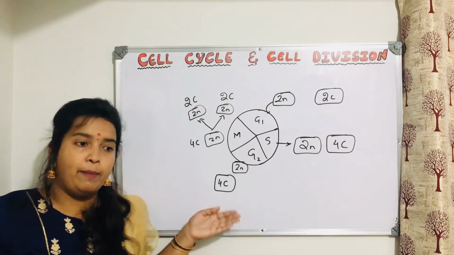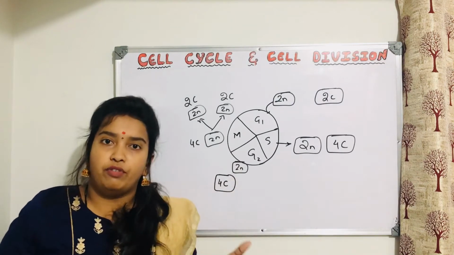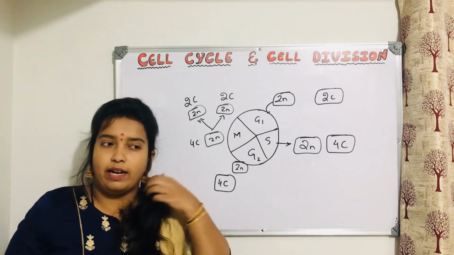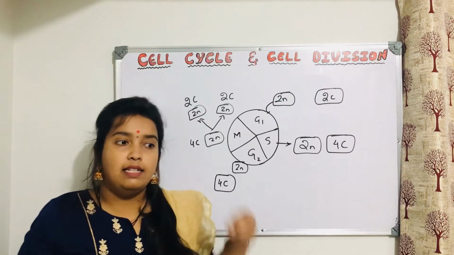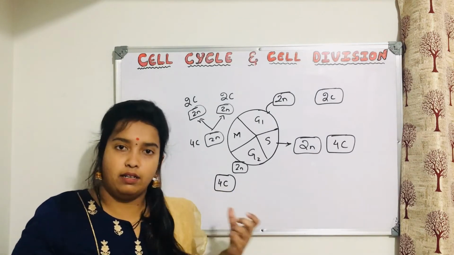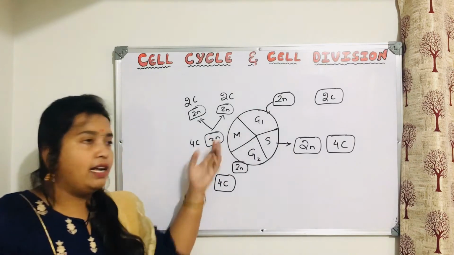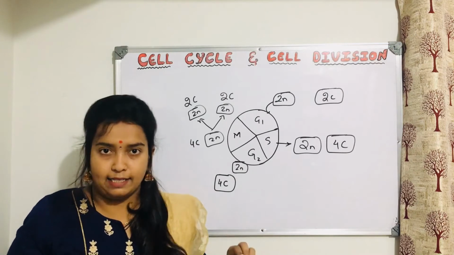So questions will be posed on this. They will give you some number of chromosomes. In NCERT you might have seen one example about onion. Onion cells usually have a diploid chromosome number of 16. They ask, in the cell cycle, when will the 16 increase? No, 16 will not at all increase.